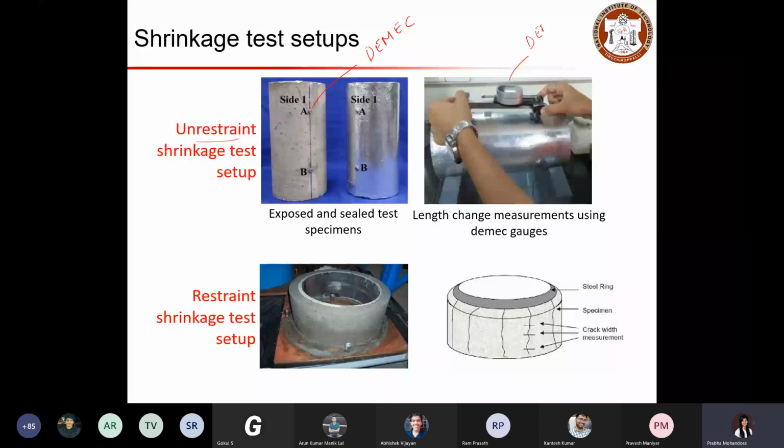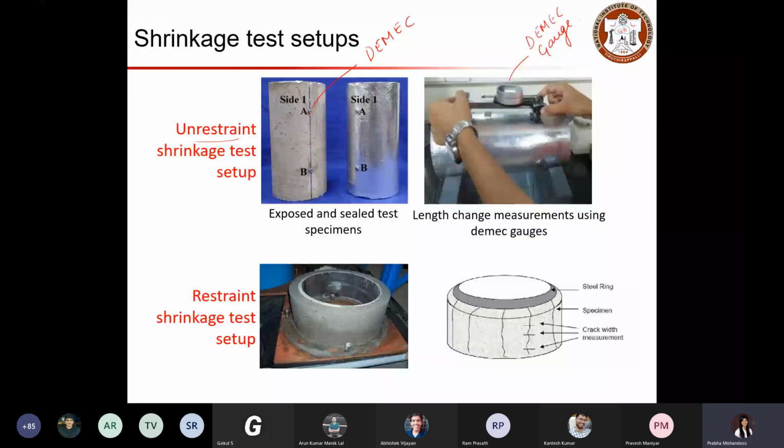So this helps you to measure the distance between the 2 points that you marked on the surface. So here you can see the concrete surfaces that are exposed and the concrete surfaces that got sealed. So the test specimens are exposed and sealed, and 2 pins are marked on the surface. Using that, you can take the readings.